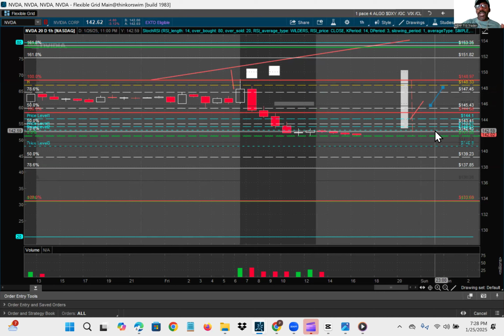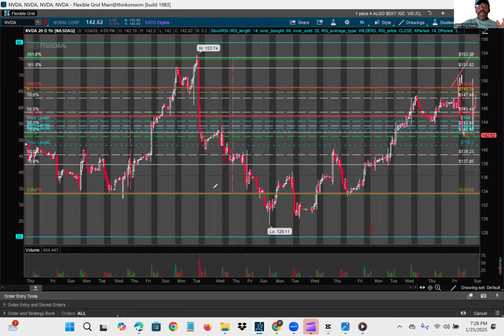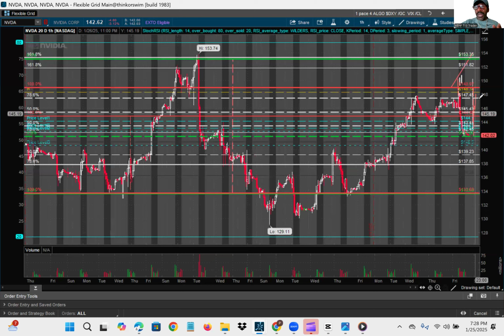But what I want you to be careful of, if it creates another, see, this is 1, 2, and it broke. Now we're here. We actually ranged here last week. This is really a range. You can still make money, but this is ranging.